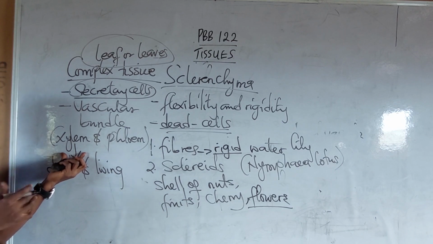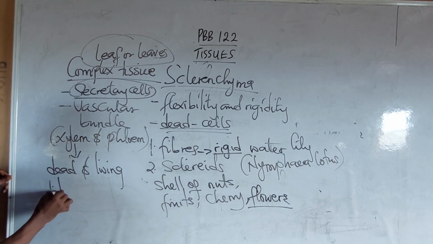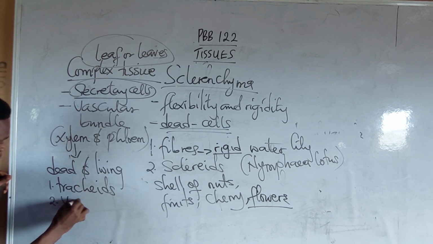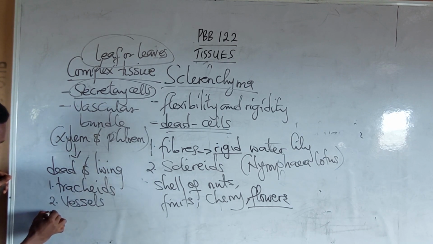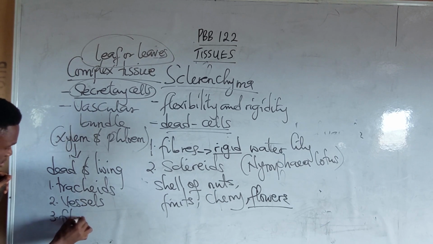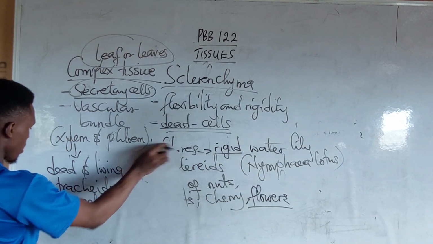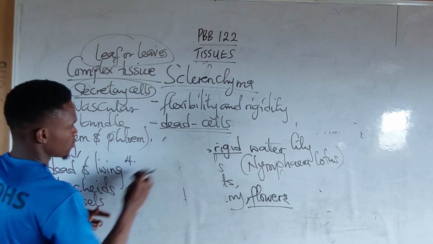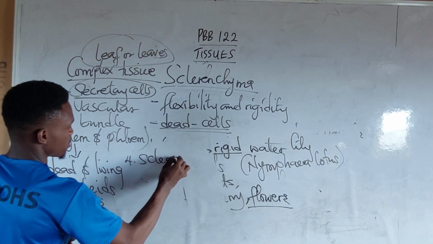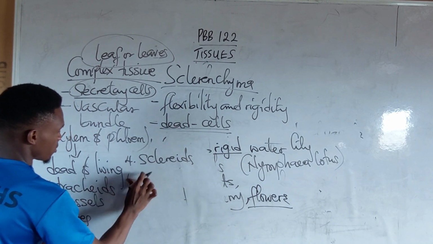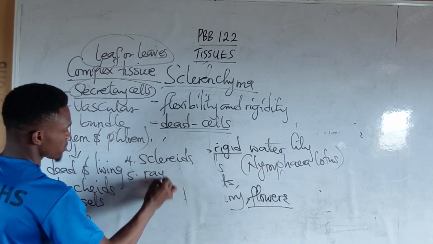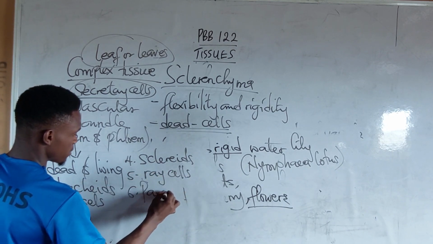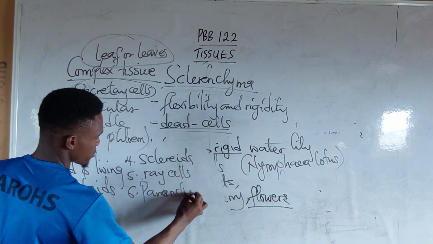Now, the different cells that are found in the xylem are the tracheids, we have the vessels, we have fibers, we have sclerics, we have ray cells, and we have the parenchymal cells.